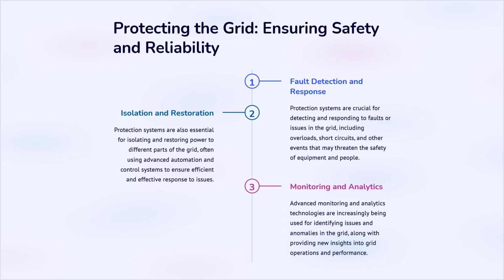The initial step is to isolate the fault and then restore the power from a different part of the grid. We monitor in advance with advanced technologies in grids now. We use smart relays, circuit breakers, and different equipment to secure and protect our power system.